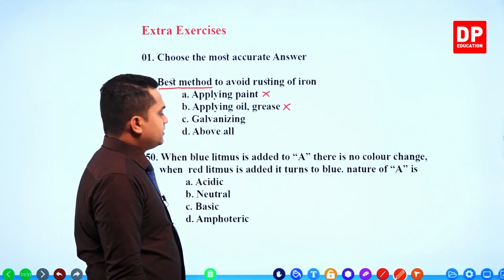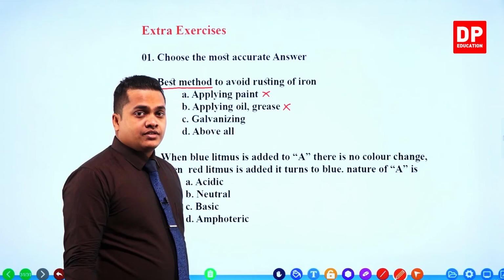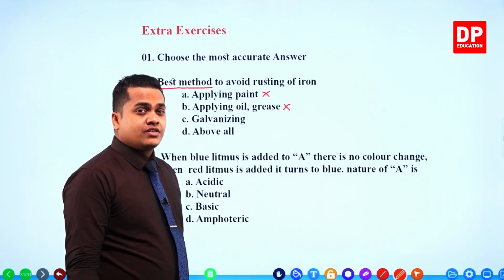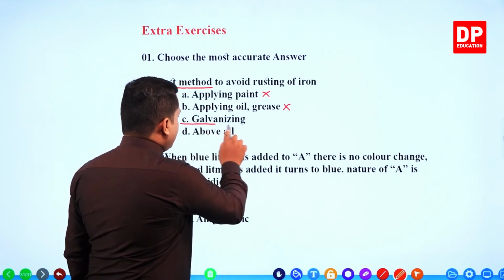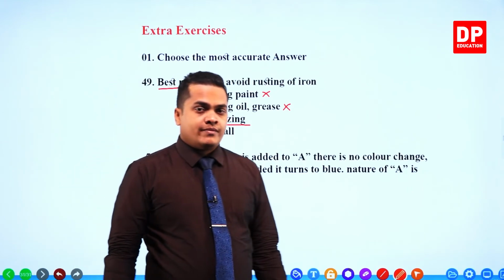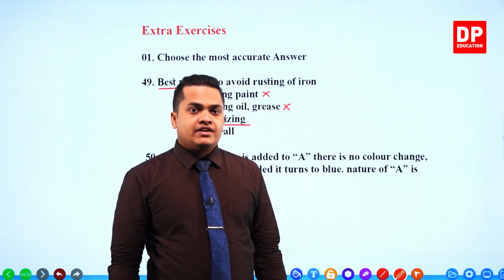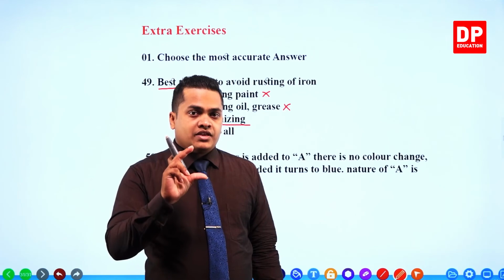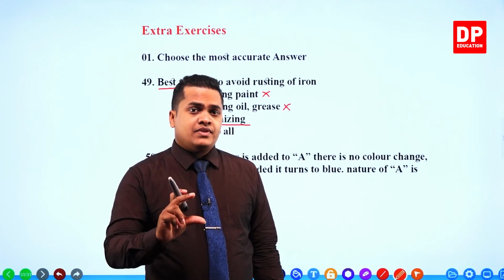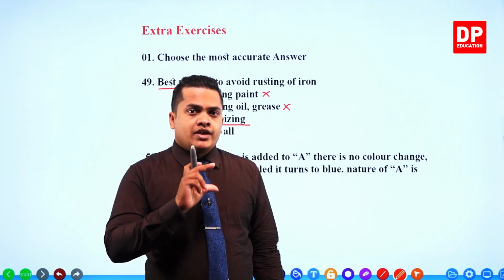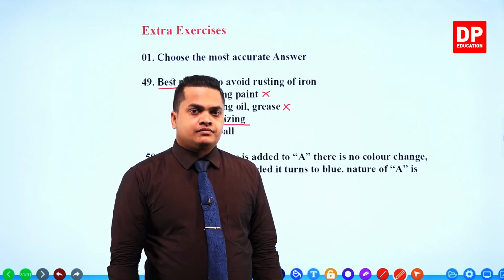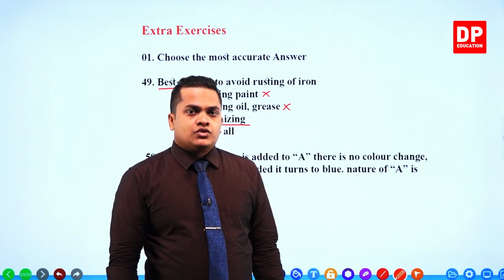Galvanizing. My dear children, galvanizing is the best method. We discussed this under the tarnishing of metals, right? Galvanizing is the best method to protect iron from rusting. So galvanizing is our answer.